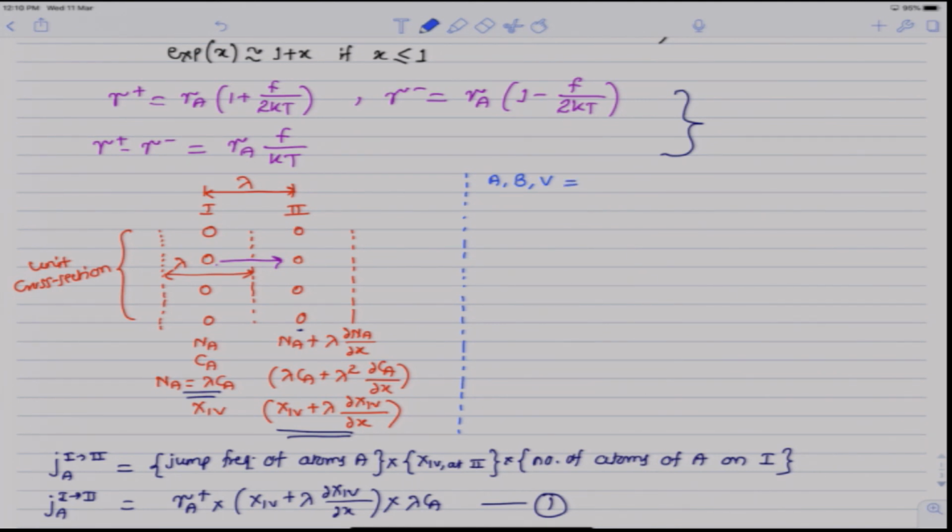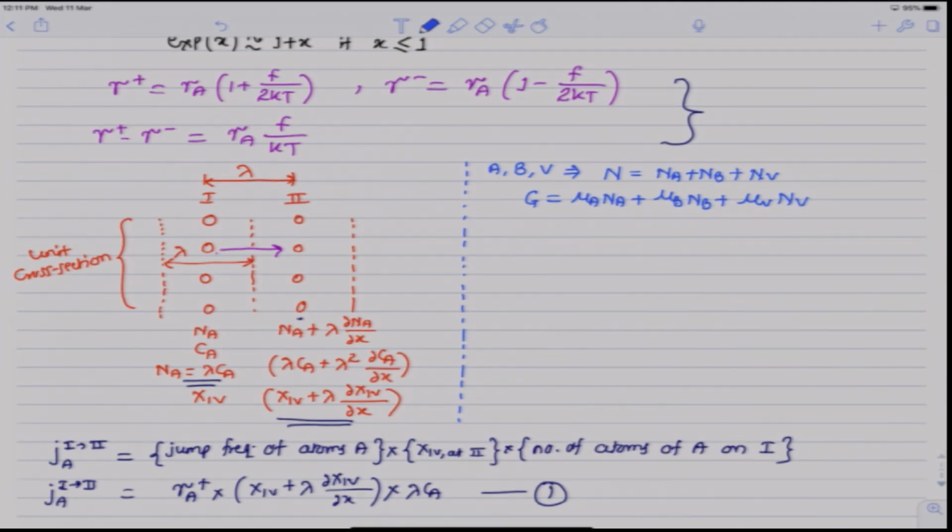So, we can write the total number on any plane of lattice sites as n equal to Na plus Nb plus Nv, and the Gibbs free energy of this plane can be expressed as G equal to mu A Na plus mu B Nb plus mu V Nv.